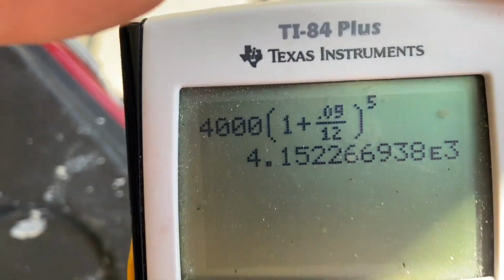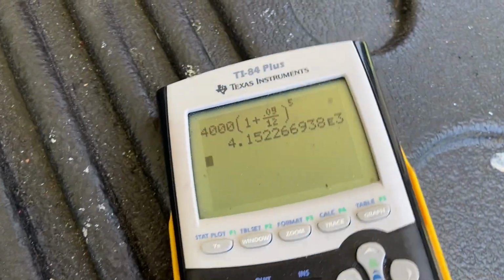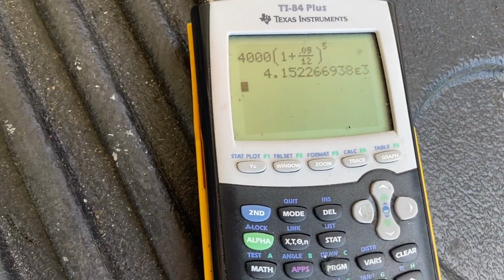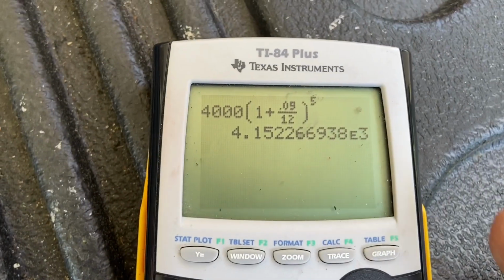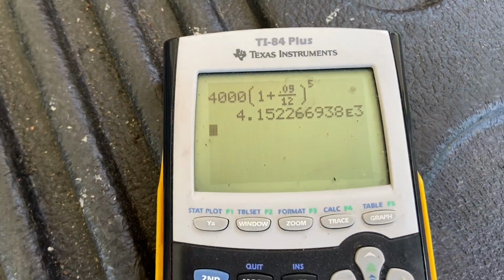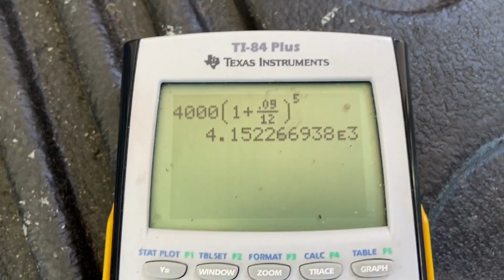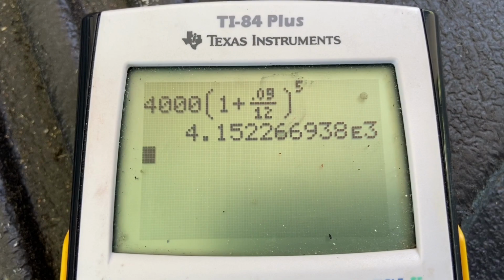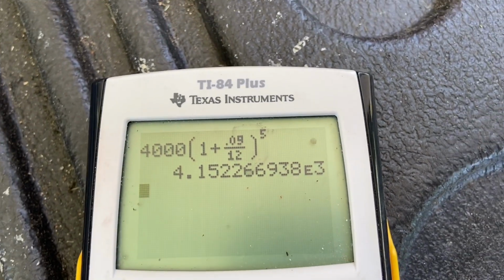Now, my calculator is giving me my answer in scientific notation. I'm not sure if yours did that or not, but that E3 right there tells us to move our decimal point to the right 3 places. It's the same as times 10 to the third, if you remember from science class. And I think we talked about scientific notation.